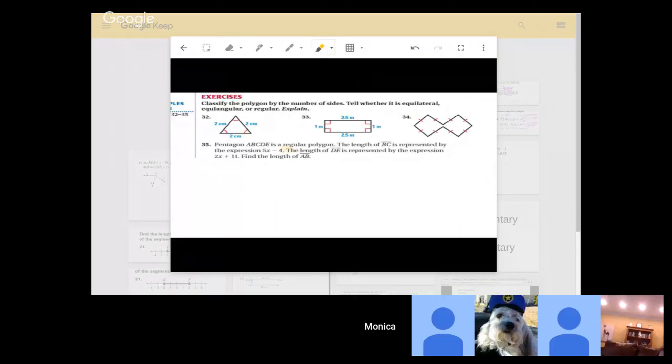Is that this is a regular polygon. Regular means that all of the sides are going to be equal.